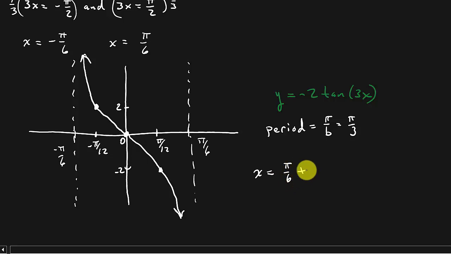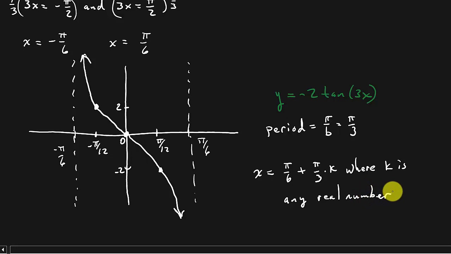And what am I going to add or subtract to get to the next vertical asymptote? Pi over 3. So plus pi over 3 times k, where k is any real number.